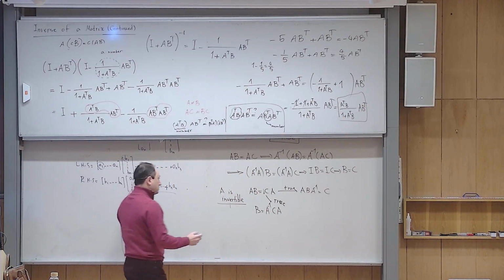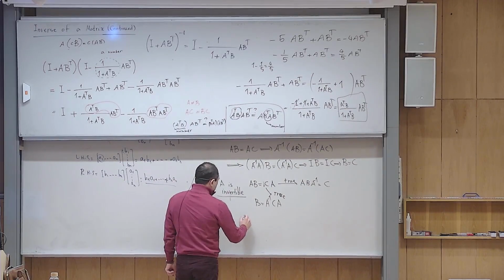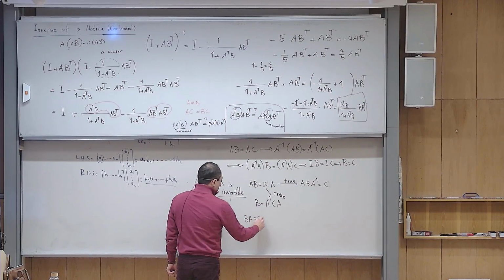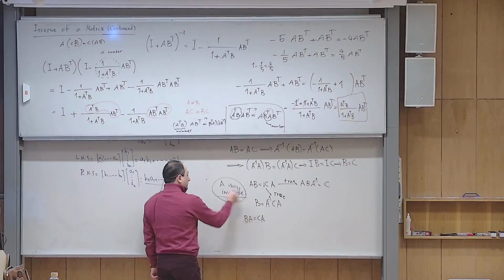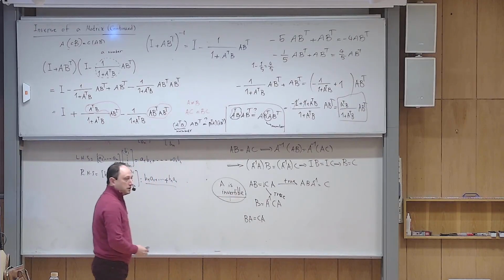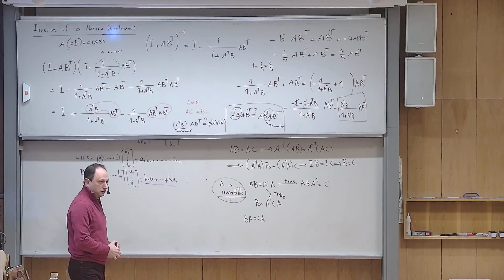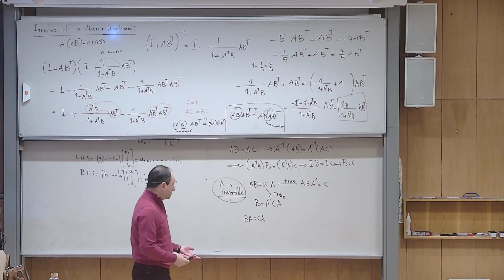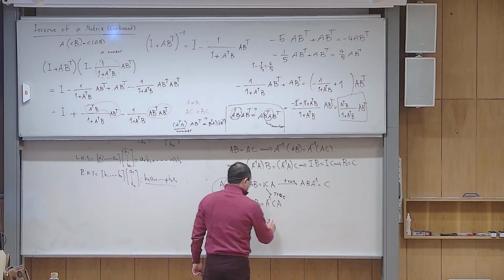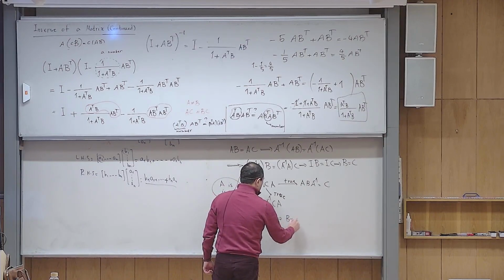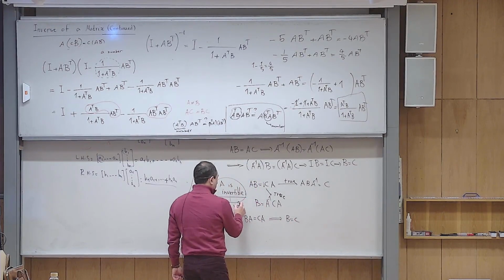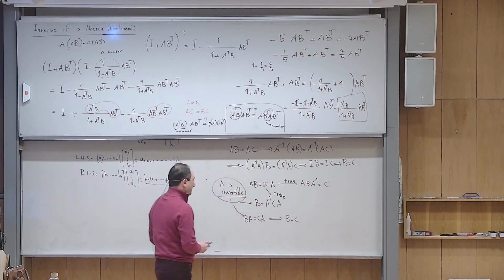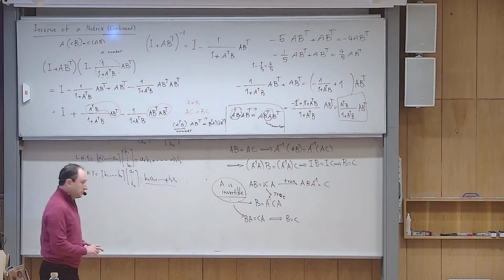Okay, but what about this combination? If I have BA equals CA and A is invertible, do you think I can conclude that B is equal to C? Yes, but this time I multiply A inverse from the right, and then I will have that one. So again, I can conclude B is equal to C. Yes? Yeah, these are the things that you need to know very well.